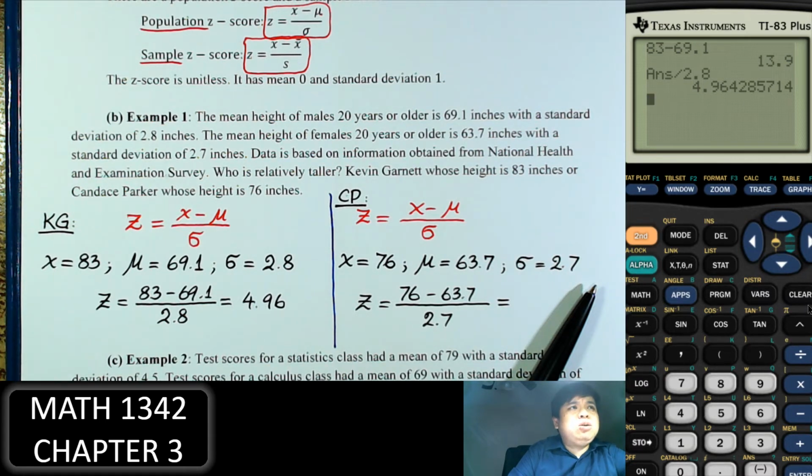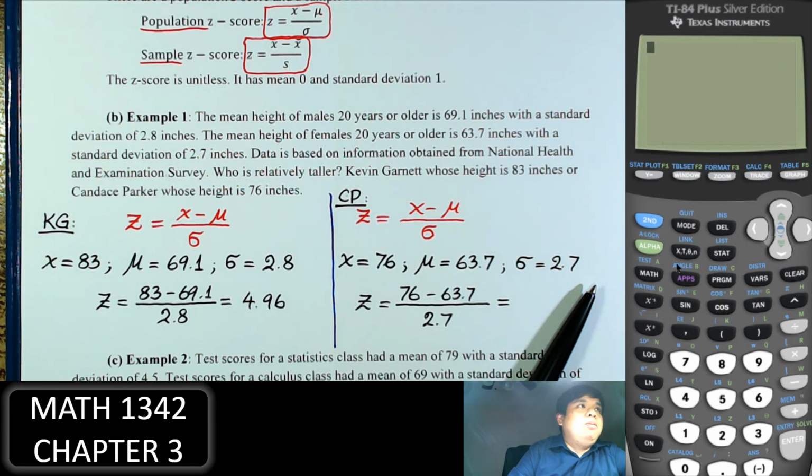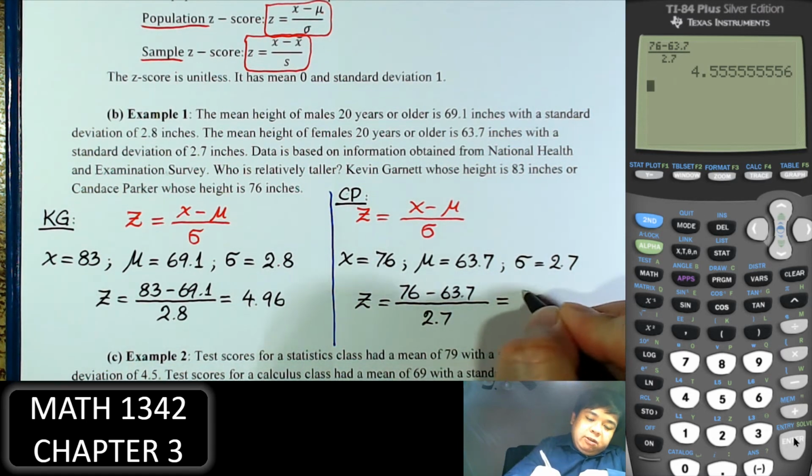I just switch to the calculator, because if you're using this calculator, when you hit alpha y equal to, we can enter the fraction and we enter a number exactly as we see it. And we get 4.55.